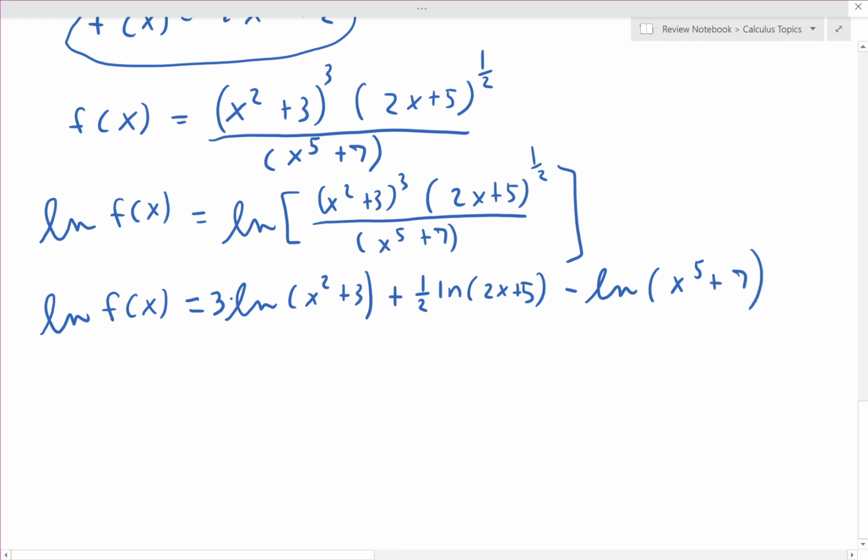So with that, now let's derive. So we have f of x derive.